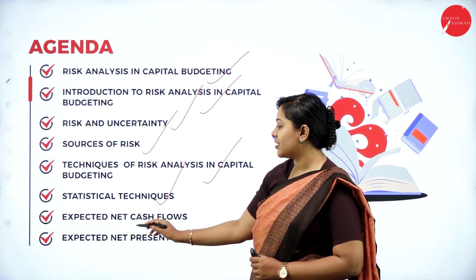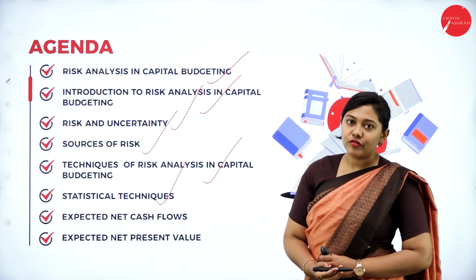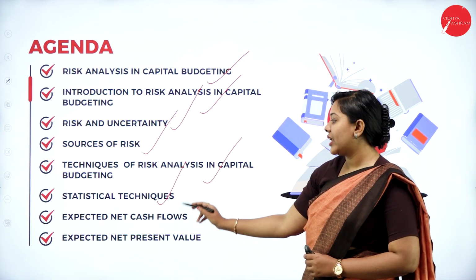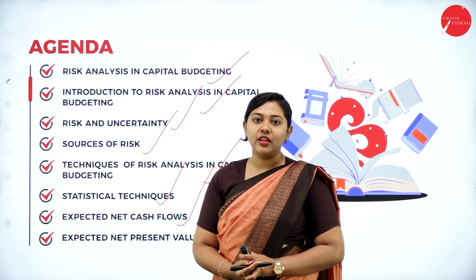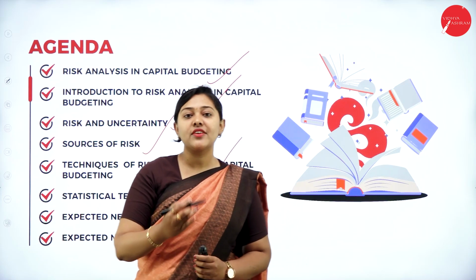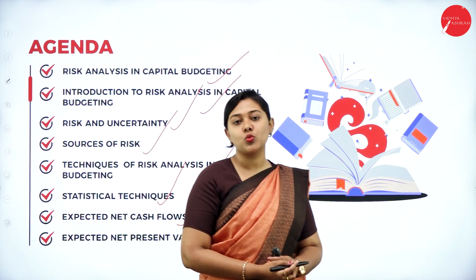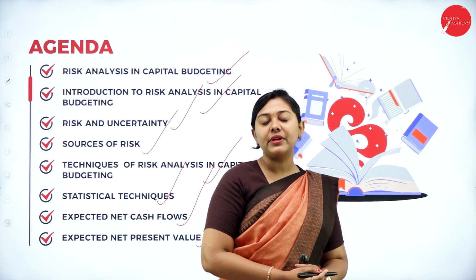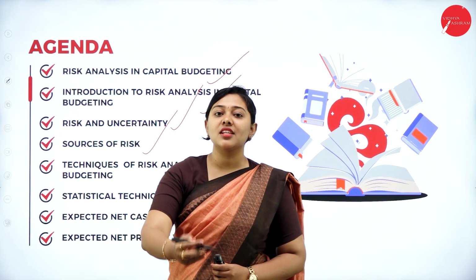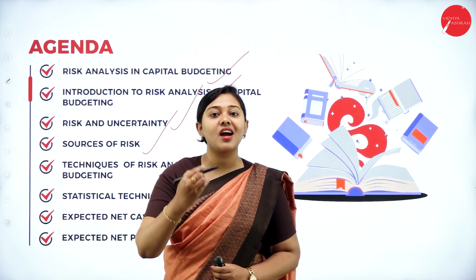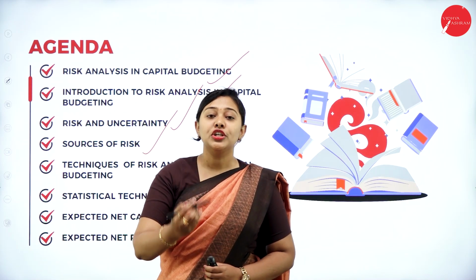In statistical technique, we have various different techniques. In that, you will be calculating expected net cash flows and expected net present value. So in the last class, we successfully completed your Unit 1, that is, cost of capital and the capital structure theories. So without wasting much of our time, let us start discussing Unit 2.